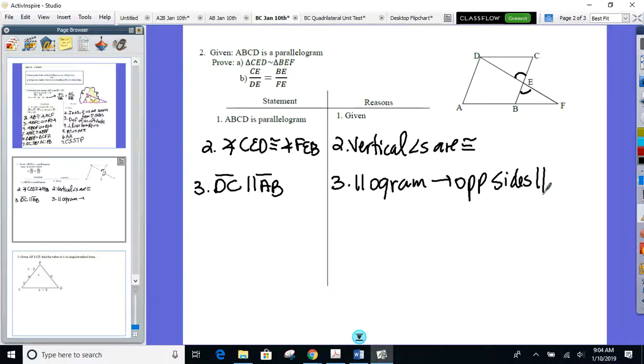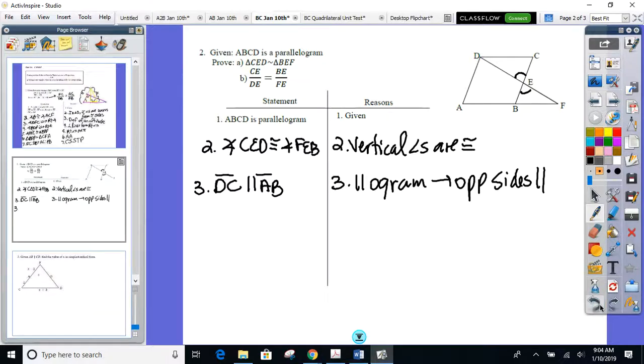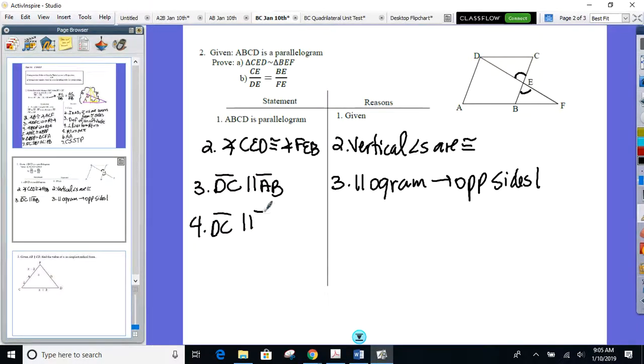Then, yes, what Connor just said, we could extend AB out to AF. So now DC is now parallel to AF, and we called that extensions of parallel lines are parallel. Now he chose, what did you choose, Connor?